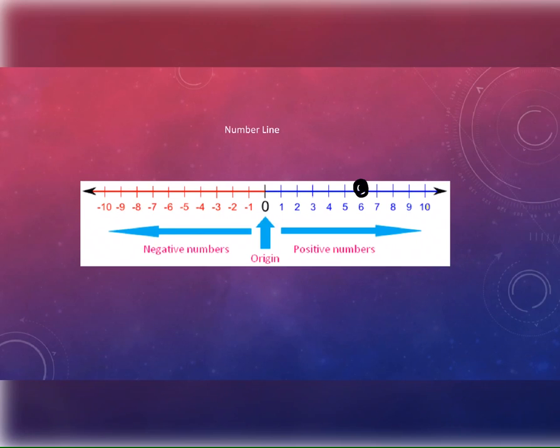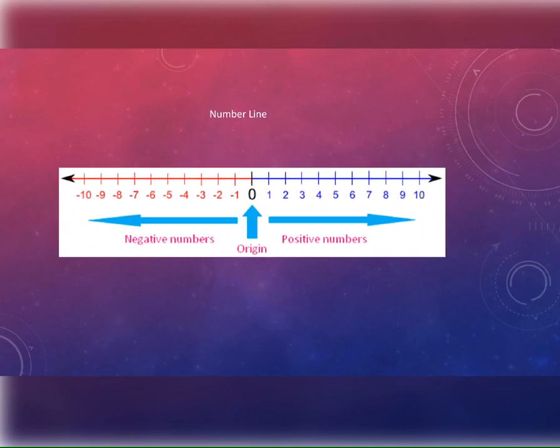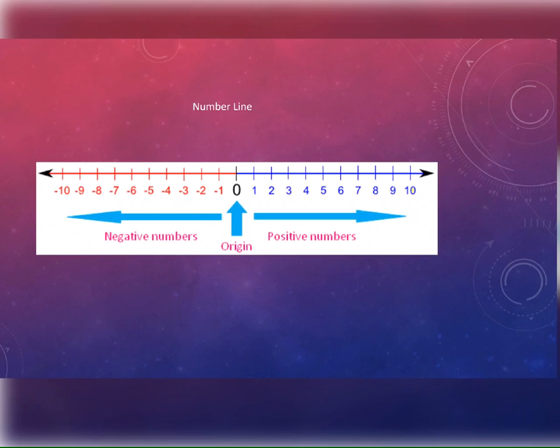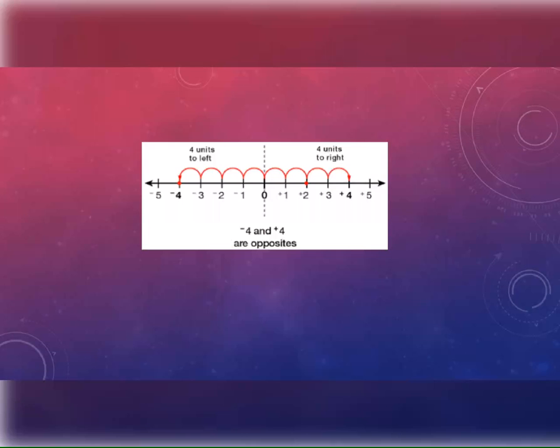Well, I went 1, 2, 3, 4, 5, 6 places to the right on the number line. And so I have to do the same thing to the left of the number line. So I've got to go 6 places. 1, 2, 3, 4, 5, 6. So -6 and 6 are opposites.